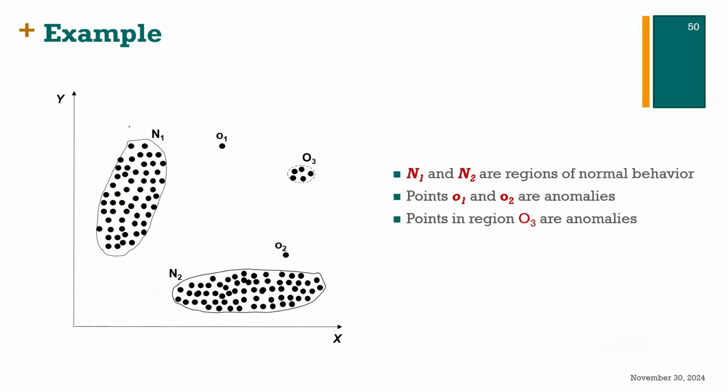Here is another example of outliers. You can see N1 and N2 are the regions of normal behavior, and the points O1 and O2 are anomalies.